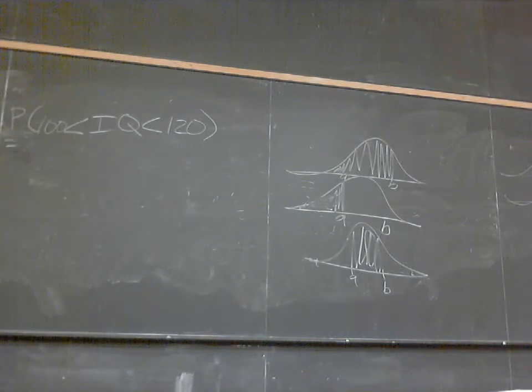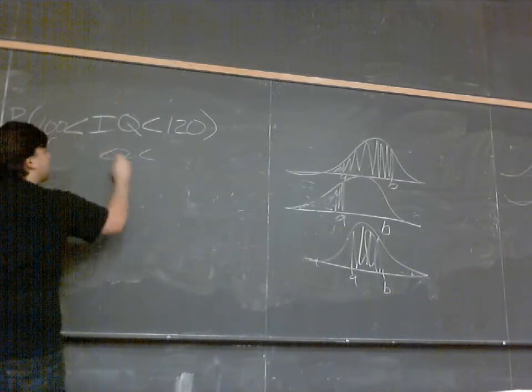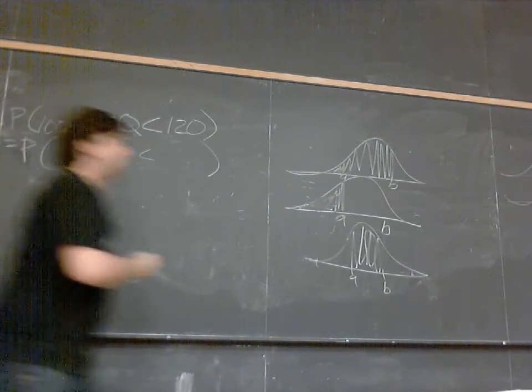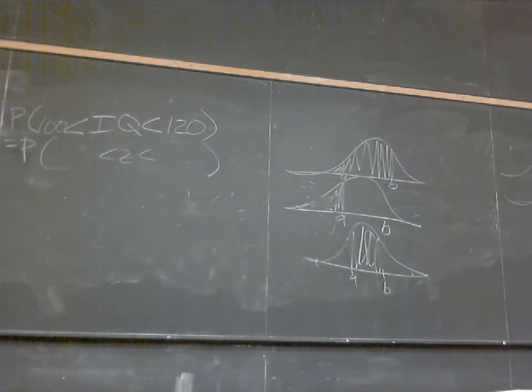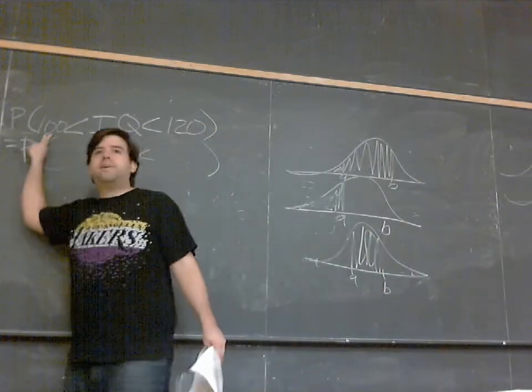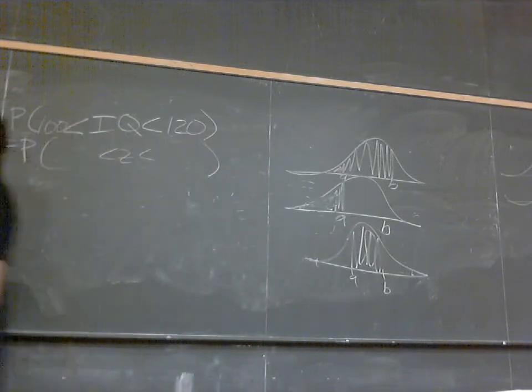The first thing we want to do still is convert to z-scores. Probability that z is between these two values. So I'm going to convert to z-scores. What's the z-score for the value of 100? My mean is 100. What's always the z-score of the mean itself? 0.